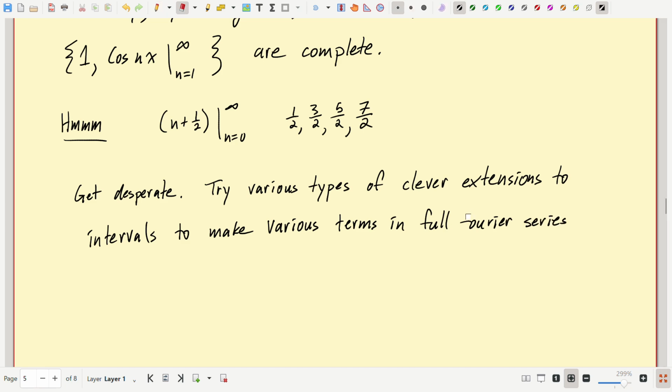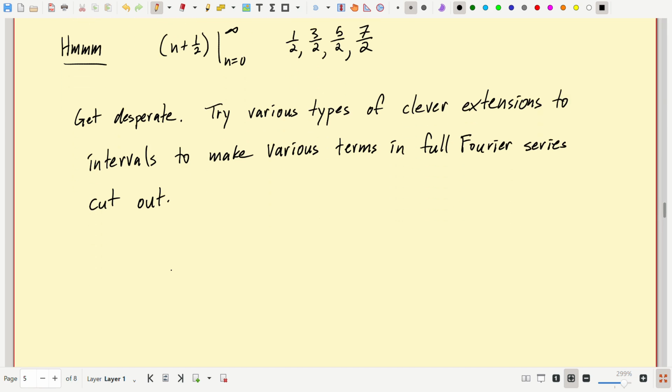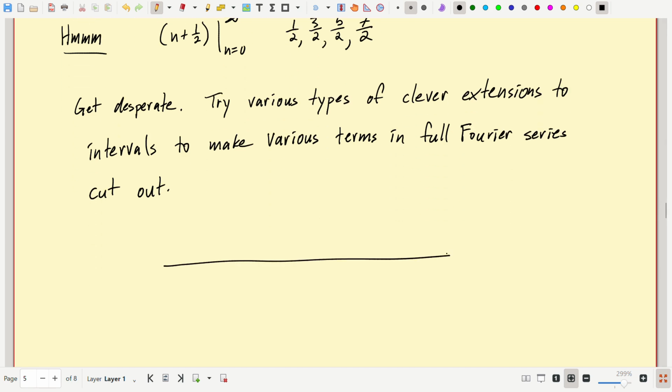I guess I use capital F. Let's see. So what various things you could do. I've got a function from 0 to pi. What does it look like? Maybe it would look like this, from 0 to pi, and it's 0. Yeah, something like that.